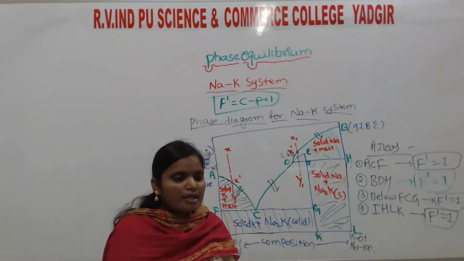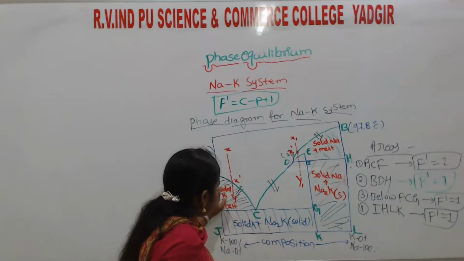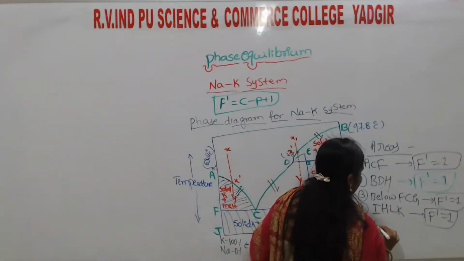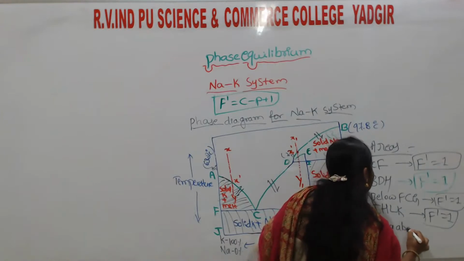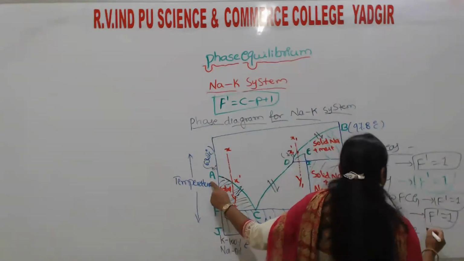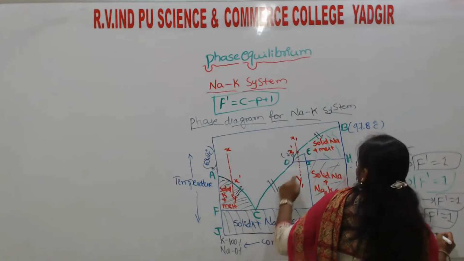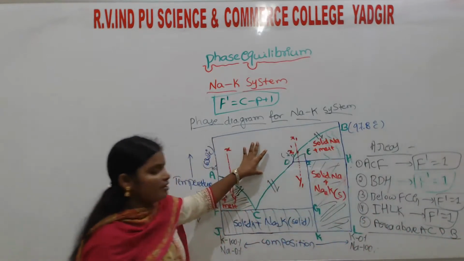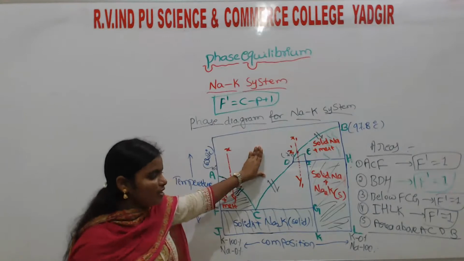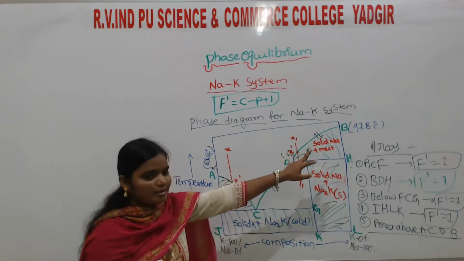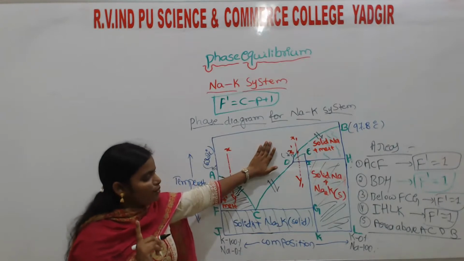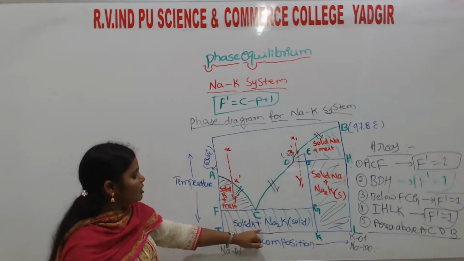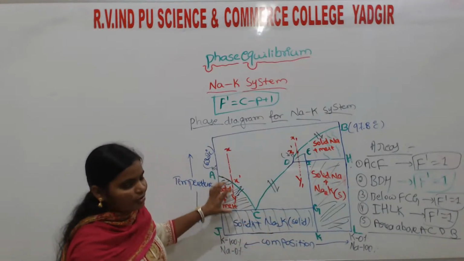Next, the area above ACDB, the fifth one. Above this A, C, D, B, here only a single phase is present. According to the other areas, two phases are present.